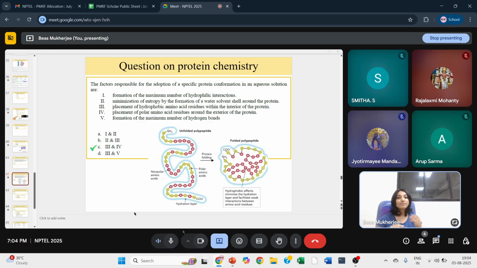So the third one, the placement of all the hydrophobic residues within the interior of proteins, this is a very important aspect, and placement of the polar amino acid residues on the exterior of the protein, this is also a very important aspect. So you can choose only 2 options, right? For all of these different options that you have, A, B, C, D, only 2 statements can be chosen. So the most appropriate would be 3 and 4. That is why the right answer would be C.